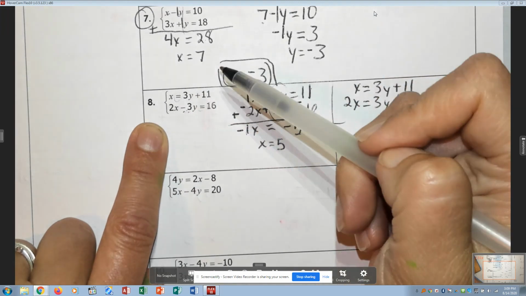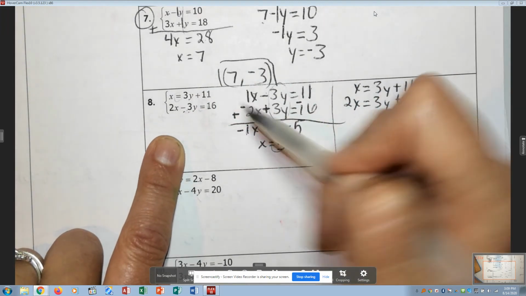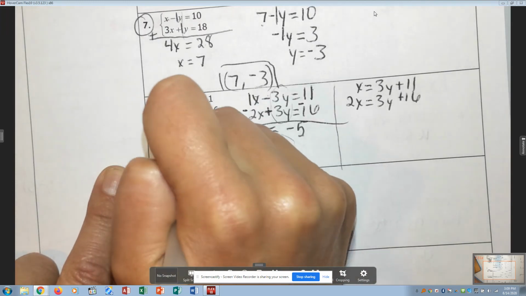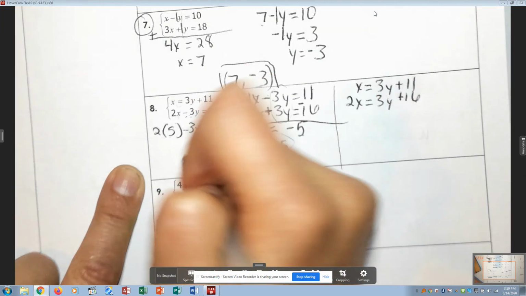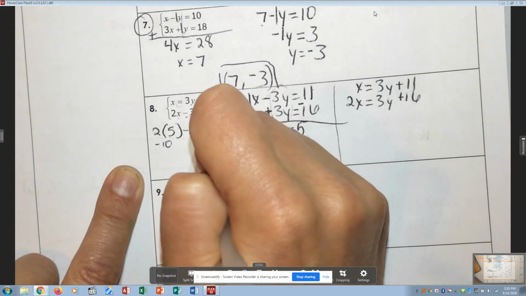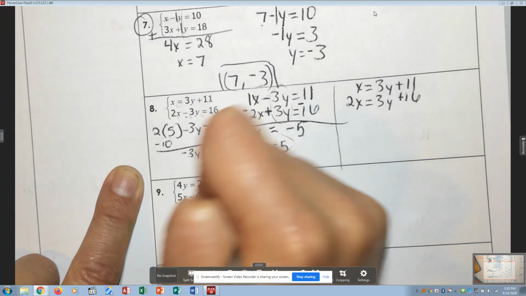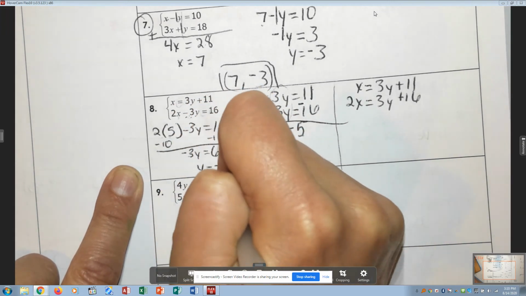All right. Where do I want to put this? I'm going to put this positive 5 right here. So 2 times 5 minus 3y equals 16. So 10, minus 10, minus 10. So I get negative 3y equals 6. Divide by negative 3, divide by negative 3. Y equals negative 2.